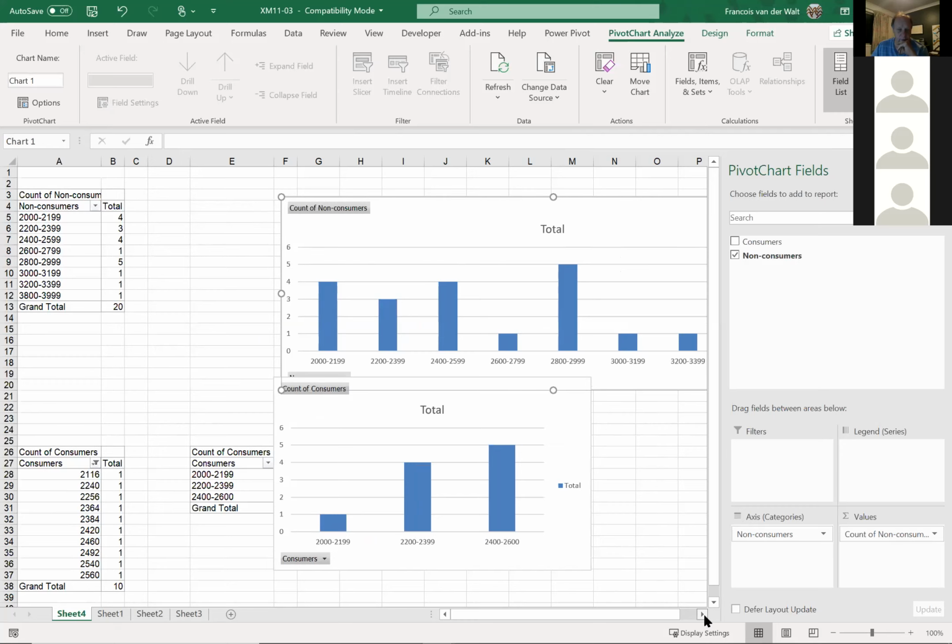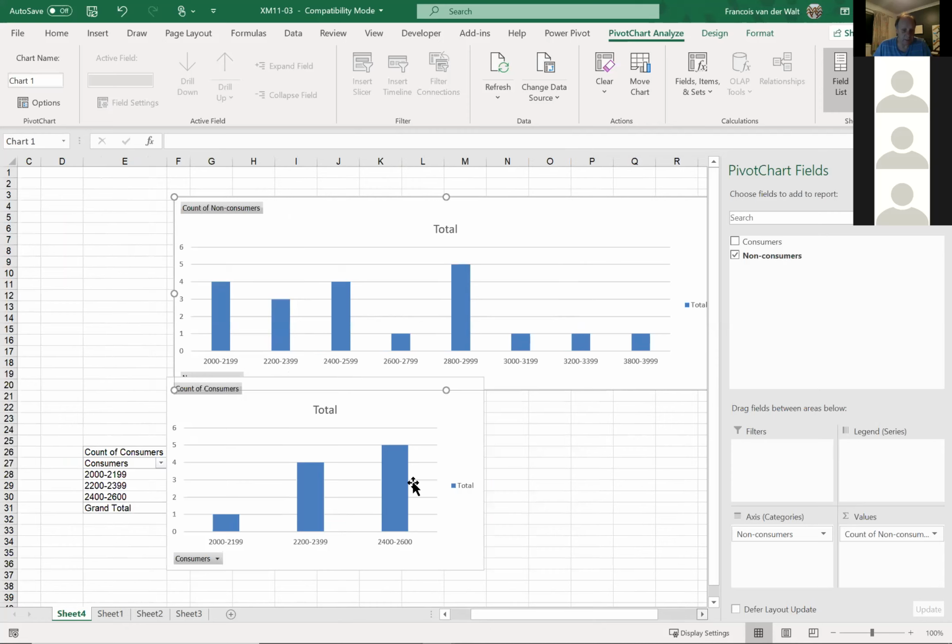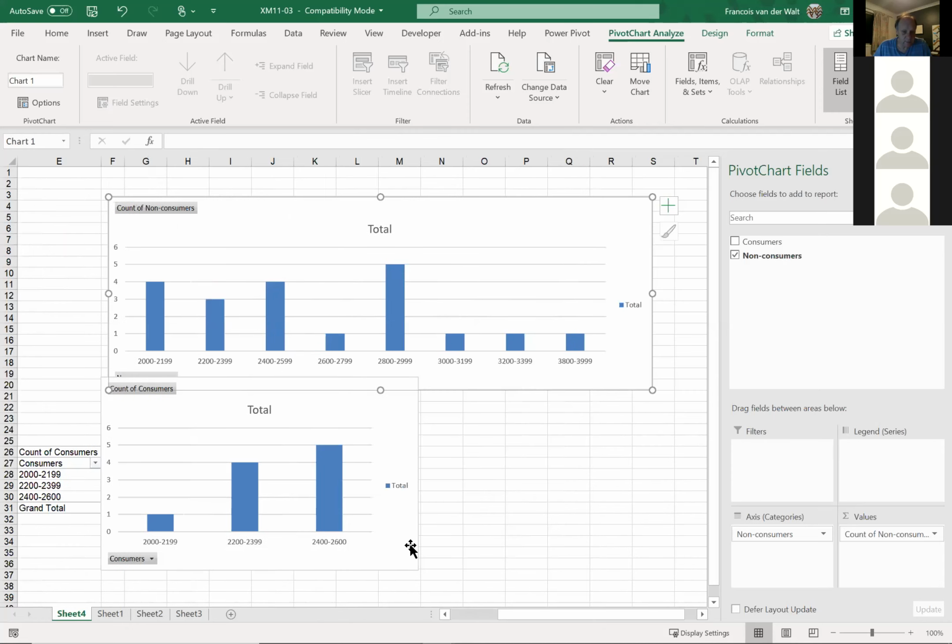So if I compare the two populations, and I make this one 2,600, and try and scale it the same.